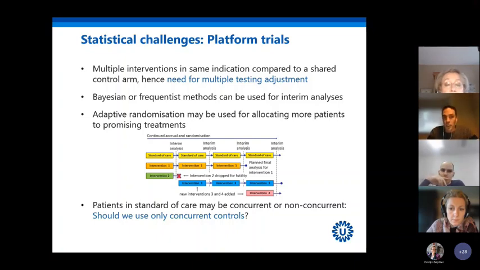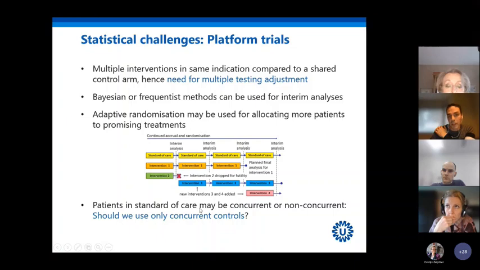That is, of course, more ethical, but it also poses some challenges for the analysis and for checking whether the family-wise error rate is controlled. Well, I think the most important issue here is indeed the discussion whether we should use only concurrent controls or also the non-concurrent controls in the analysis.